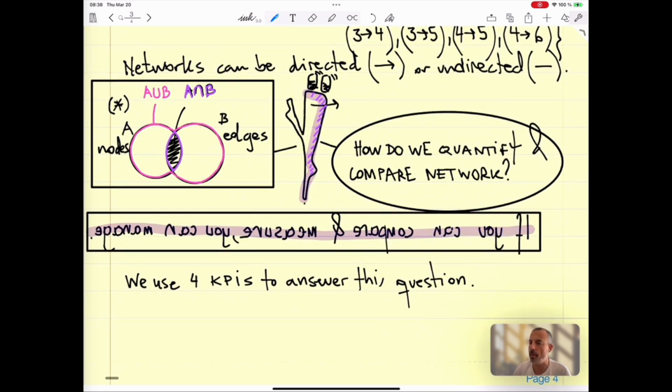The first KPI is called average path length, or APL. The second KPI is called clustering coefficient.